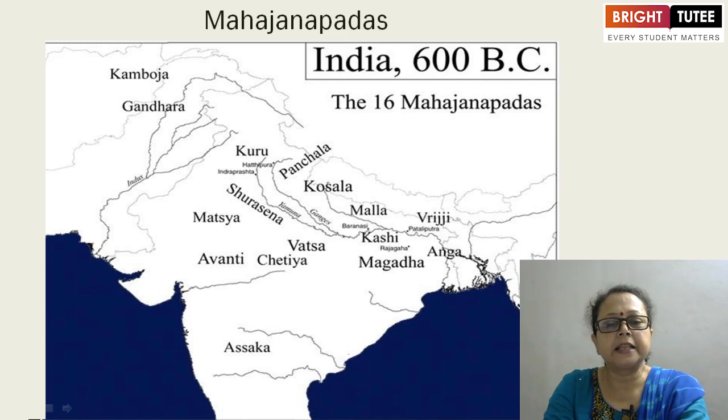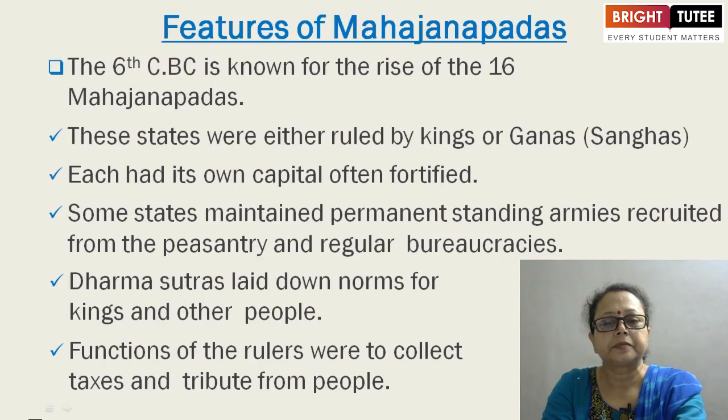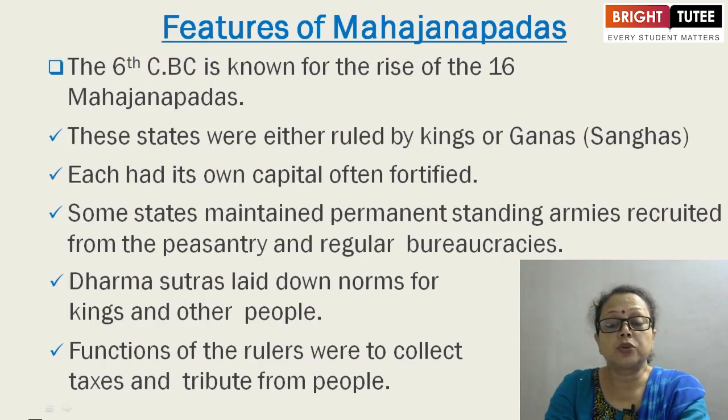In 600 BC, again these 16 Mahajanapadas: Kamboja, Gandhara, Kuru, Panchala, Kosala, Malla, Vriji, Kashi. These are all very important cities of this time period, considered as the Mahajanapadas. Now coming to study what the Mahajanapadas actually were. Why were they known as Mahajanapadas?